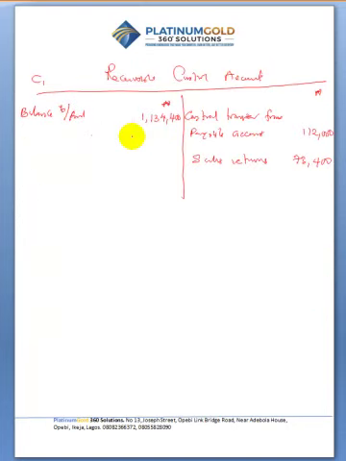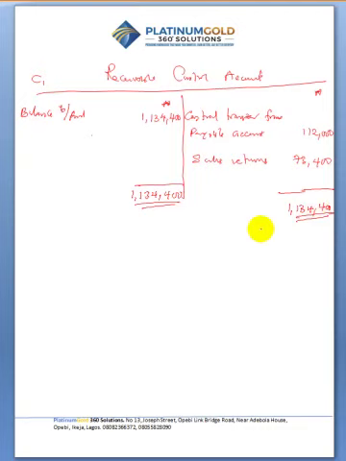So let's close our various accounts and see if it will balance. Okay, the total here is 1,134,400. So we'll put it here too. Pick up your calculator. 1,134,400 minus 112,000 minus 73,400.